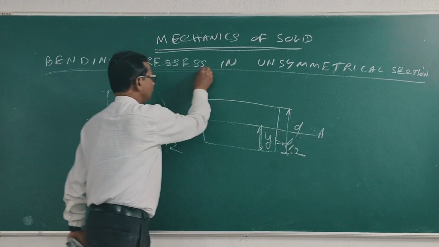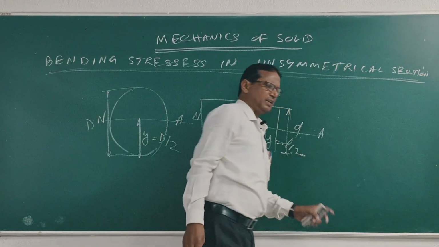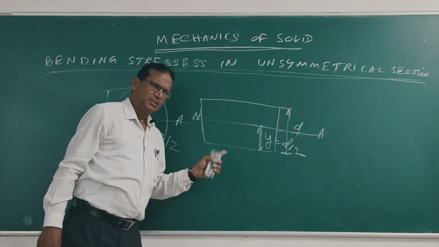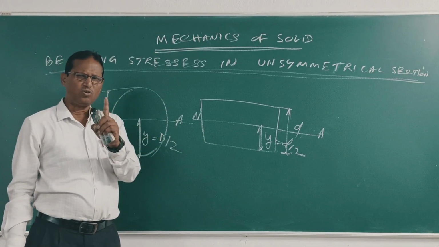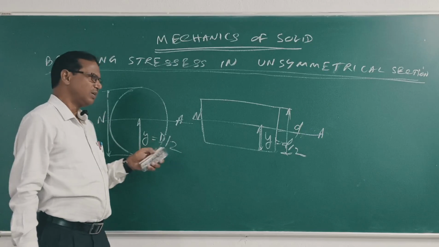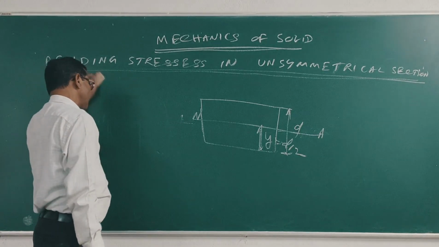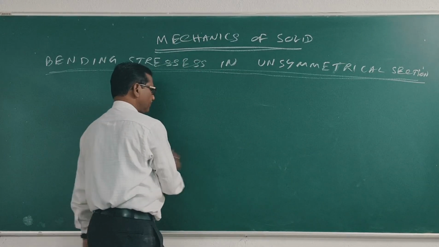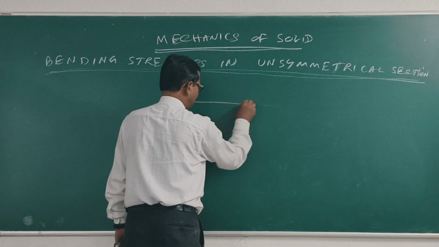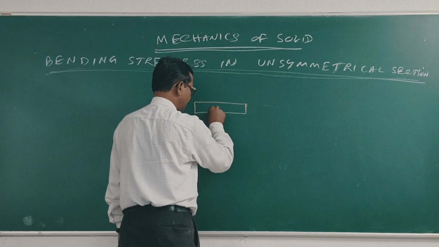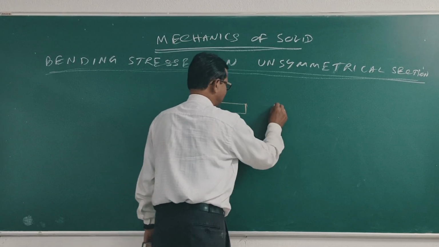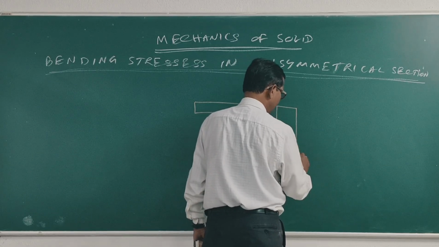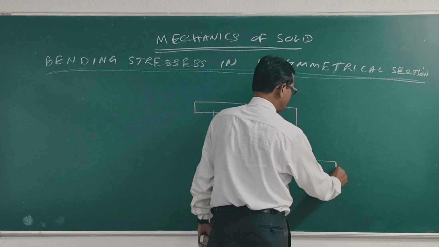Clear? These both are symmetrical sections because in both cases y is equal to d by 2. Clear? But this is a T section, this is an L section, clear?